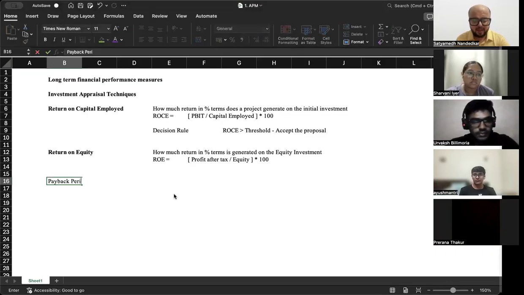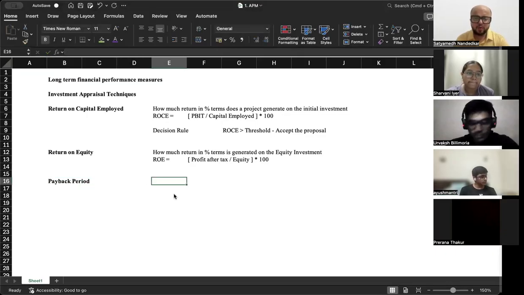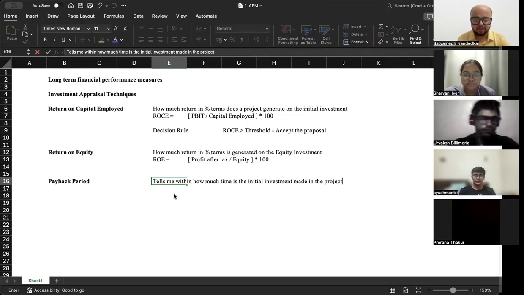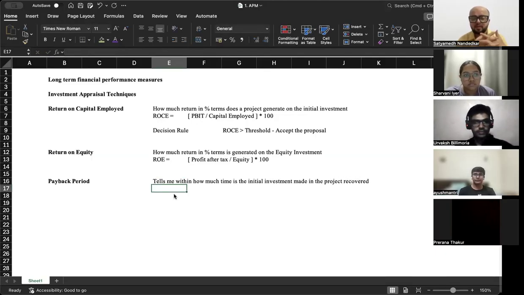Then you have the payback period method. What was the payback period method? Payback period method tells me within how much time the initial investment made in the project is recovered.